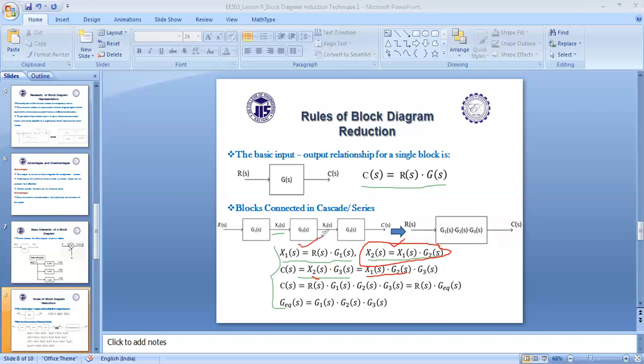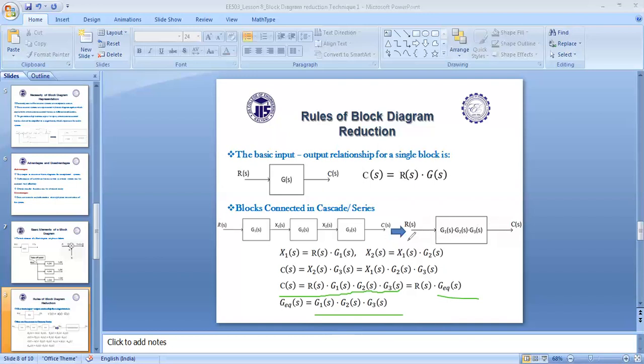Now again, X1 equals R into G1. So this X1 is substituted by R into G1. So C(s) equals R into G1 into G2 into G3. Finally we get C(s) equals R(s) into G1 into G2 into G3, or C(s) equals R(s) into G equivalent, where G equivalent is G1 into G2 into G3.